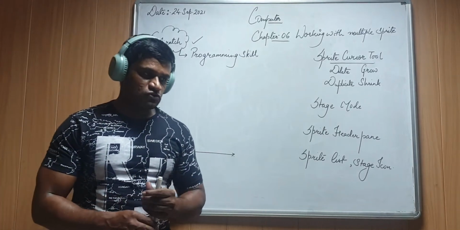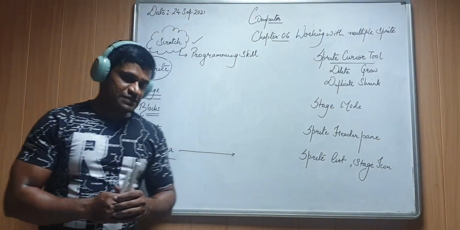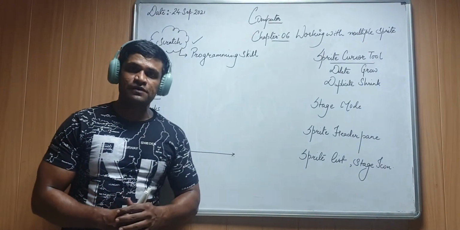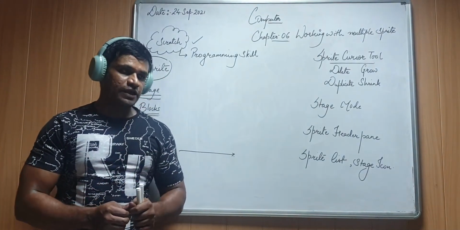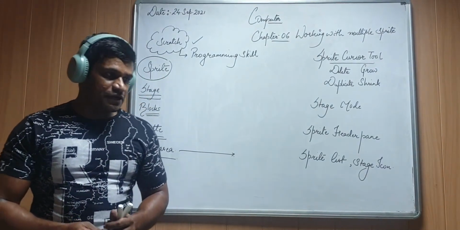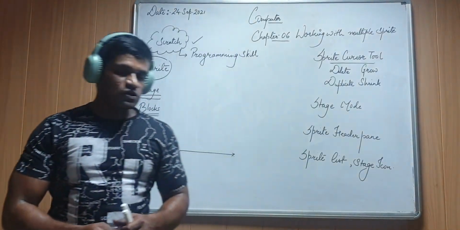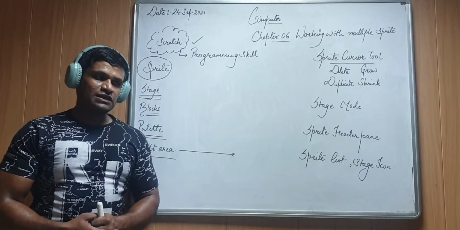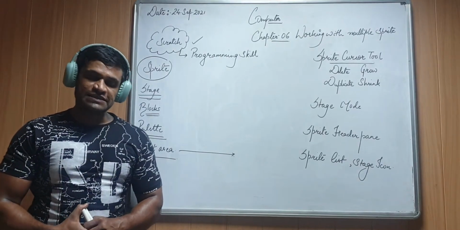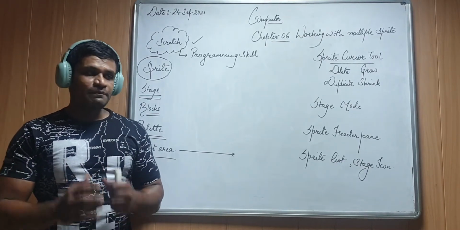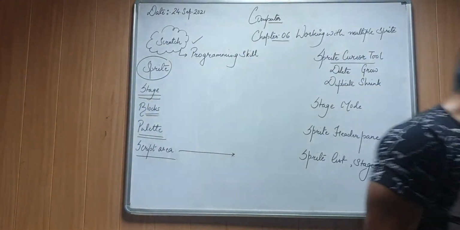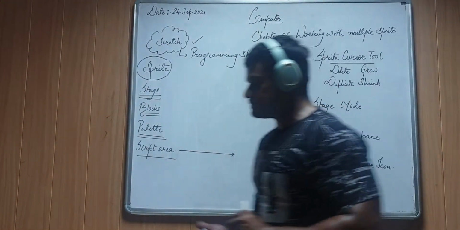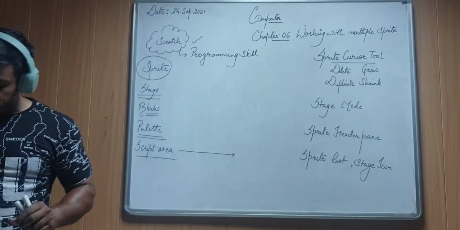You can change the blocks also. Then the script area, as I have told you, where you drag and join scripts. We have the sprite, cursor tools, green flag and the stop button, along with the stage mode, stage, and sprite. So we'll be discussing all these parts of the Scratch window.